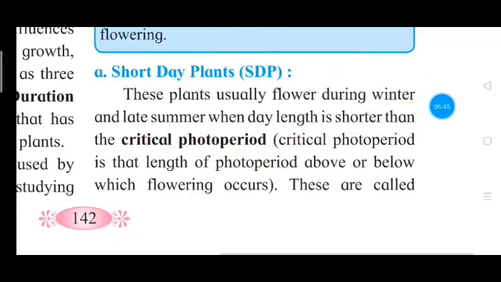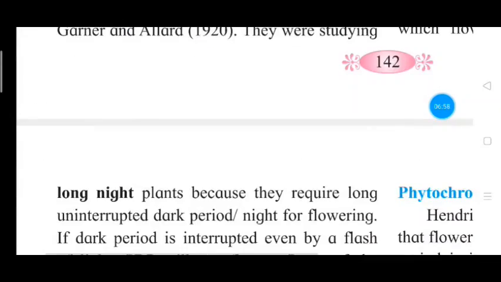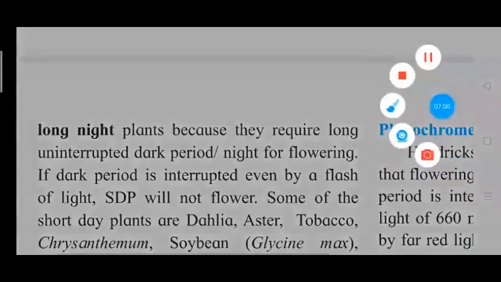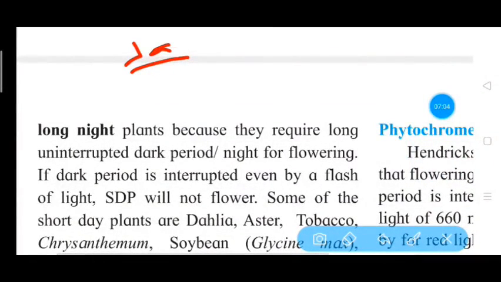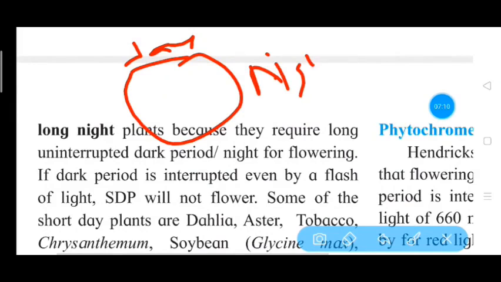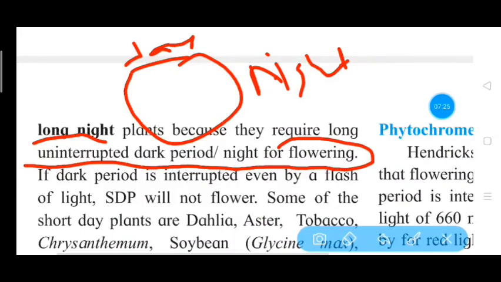These are called long night plants. If the day is short, then obviously the night is longer than the day. So these plants are also known as long night plants and short day plants. They require a long uninterrupted dark period or night for flowering.